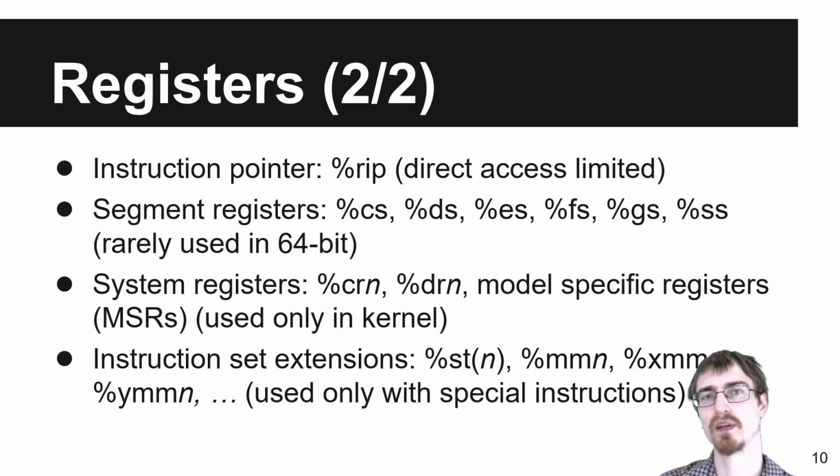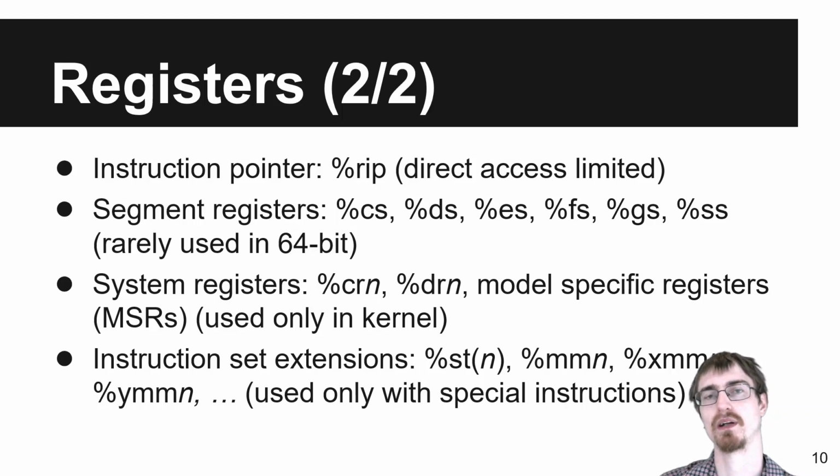So the oldest one is the FPU, the floating point unit, and it has the %st registers, which are the floating point stack. Later instruction set extensions include MMX and SSE, which has several versions, and these also define their own registers.